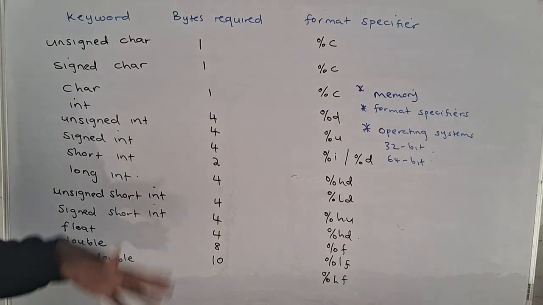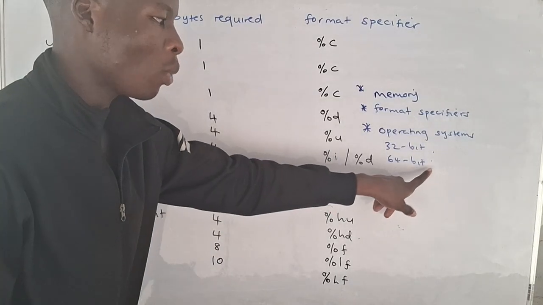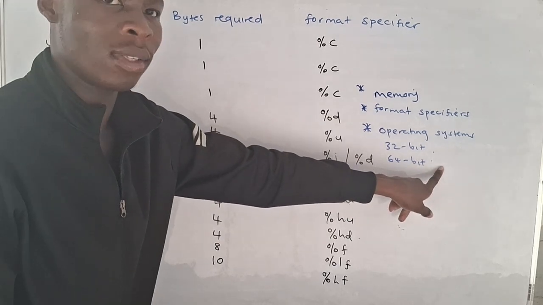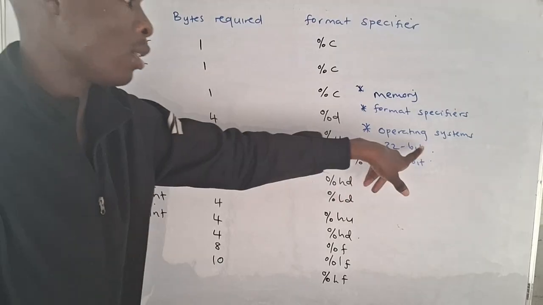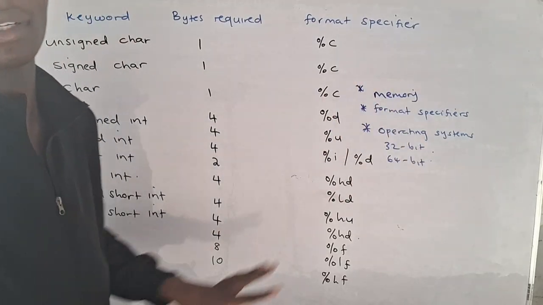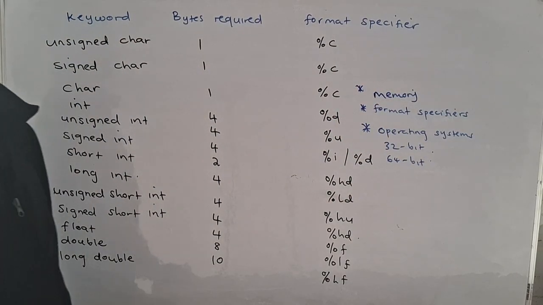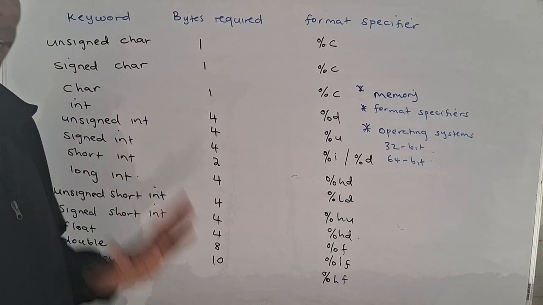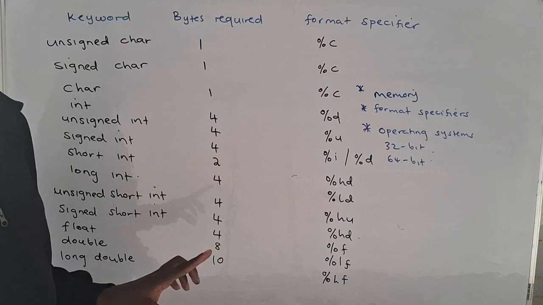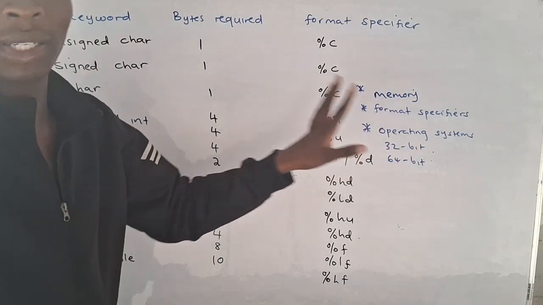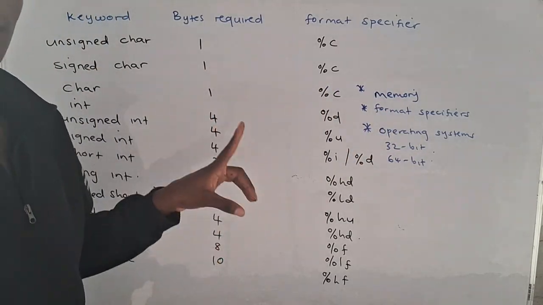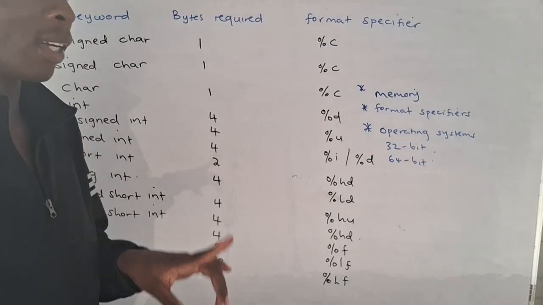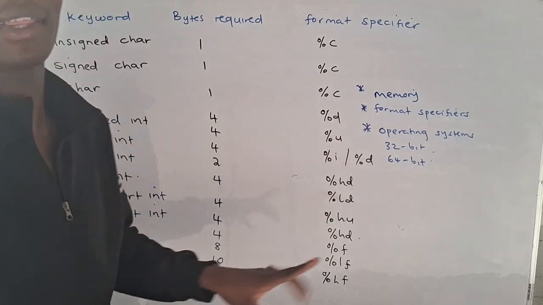An integer which makes use of 4 bytes in a 64-bit operating system may make use of a different number of bytes in a 32-bit operating system. Is this clear? I think this is clear. We are going to focus on the format specifiers: if you want to print an integer, the correct specifier to use, and if you want to print a character, the format specifier to use.